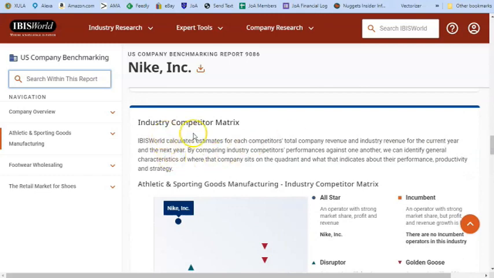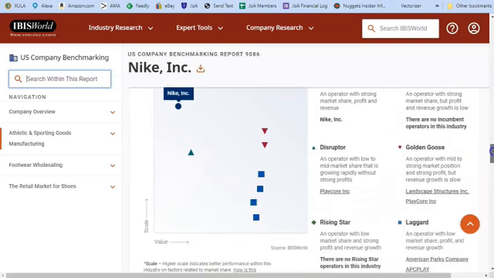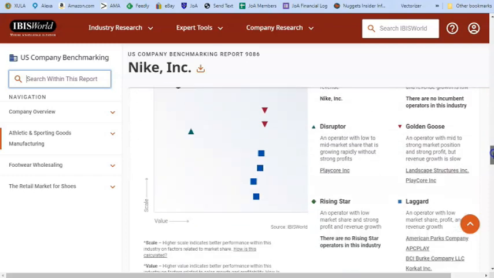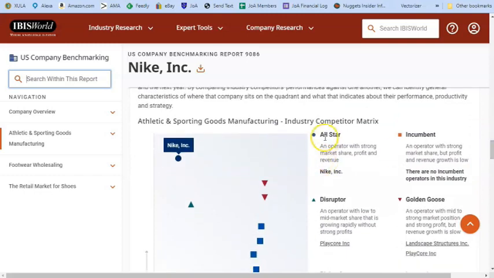Here we have the industry competitor matrix, and so this is an analytical tool created by IBISWorld to provide people some guidance. A lot of this is used for investing, but they have labeled Nike as what in this category? Nike is an all-star, which is an operator with strong market share, profit, and revenue.